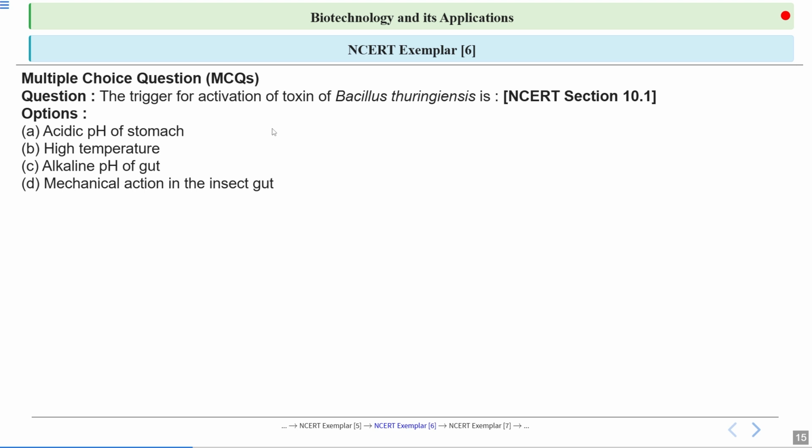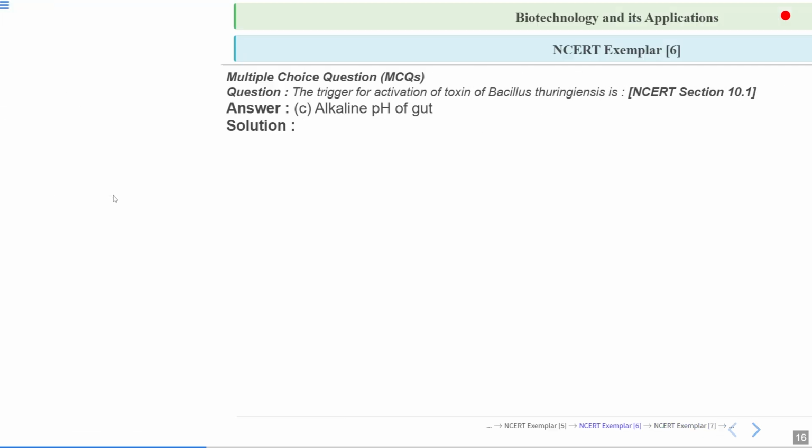Means what is the stimulus by which this inactivated protoxin gets activated. Options are acidic pH of stomach, high temperature, alkaline pH of gut, or mechanical action in the insect gut. Let's see the answer.